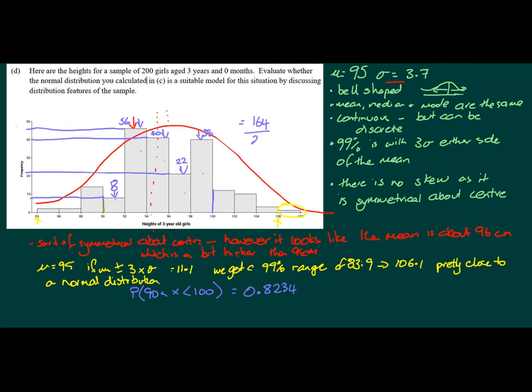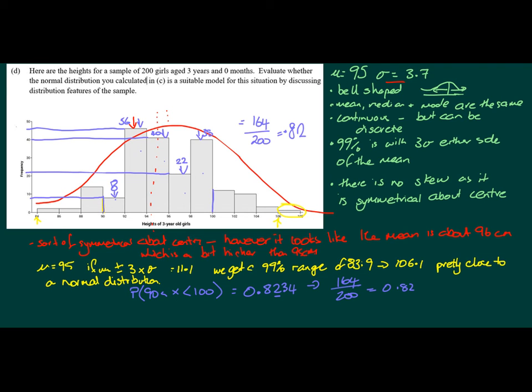Then if I divide that by the 200 students, it comes out at about 0.82, which is very similar to what I've got down here. So even though it doesn't look like a normal distribution, certainly some of the numbers do add up. It's 164 over 200 equals 0.82.